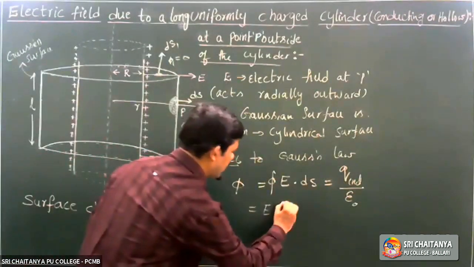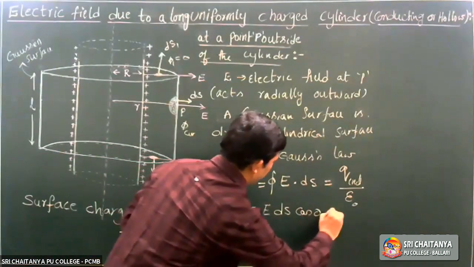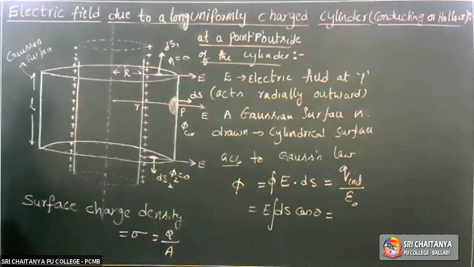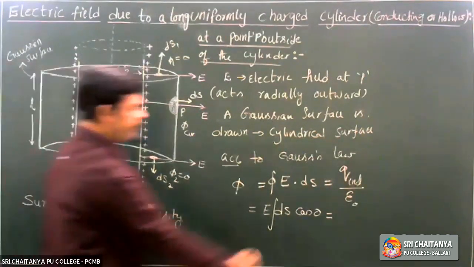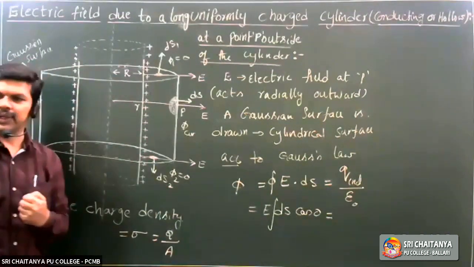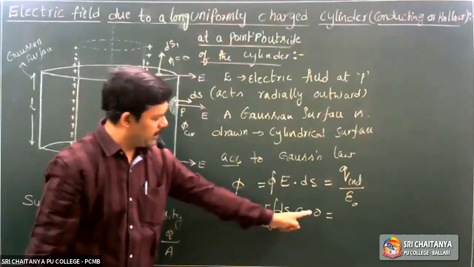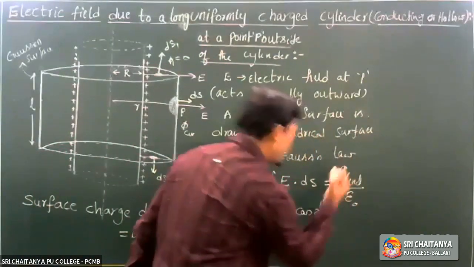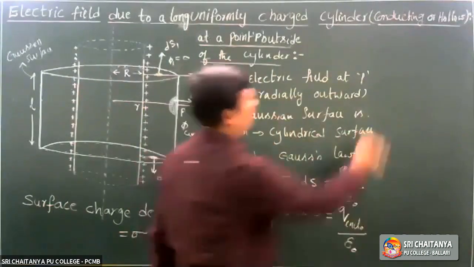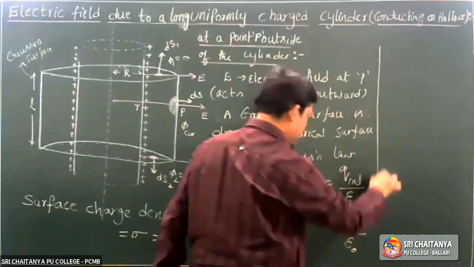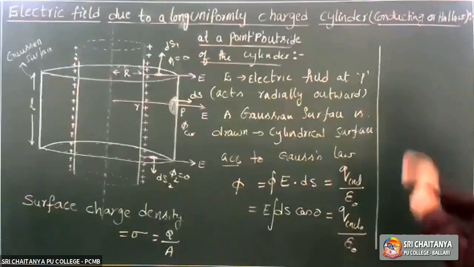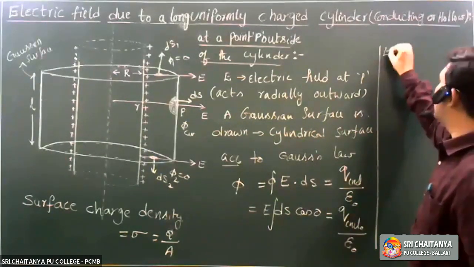So E ds cos 0, E same, I take it out. Why 0? Between E and ds, the angle is 0. So E integral ds cos 0 is equal to Q enclosed by epsilon naught. Is this clear?